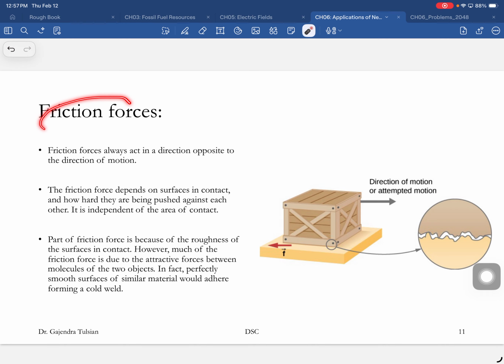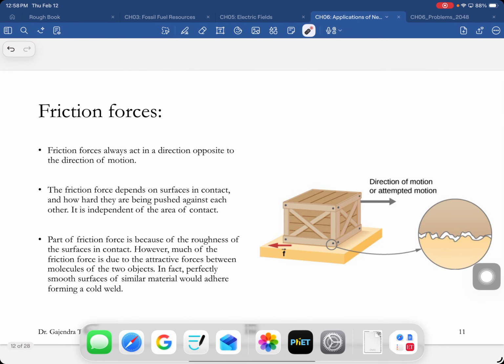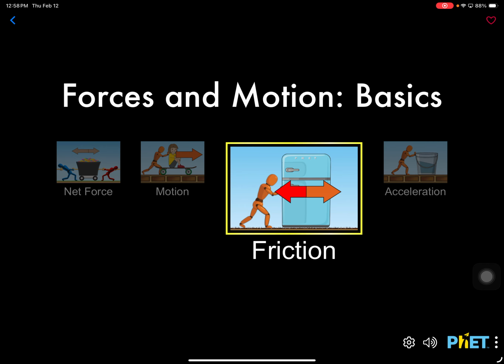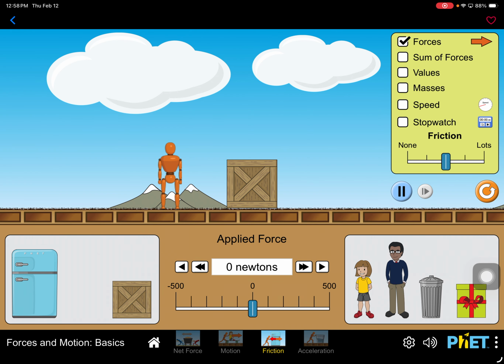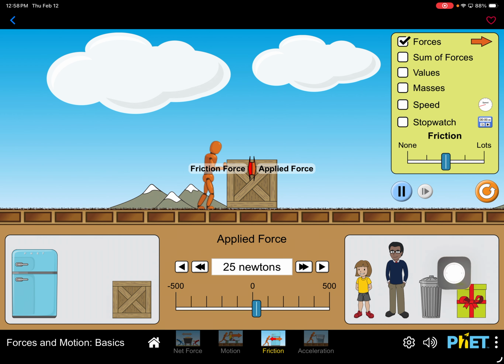All right, now we'll talk about friction forces. Let me start off by showing you a little app. What we are seeing is this guy is pushing this box with a force of 25 newtons, but the box is not moving. Why is the box not moving?